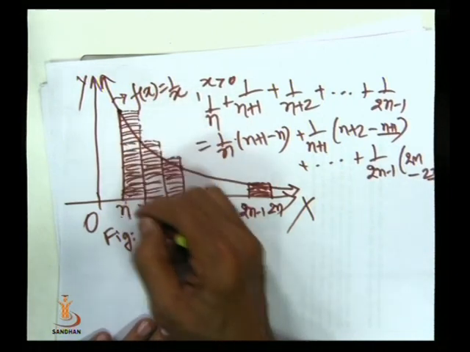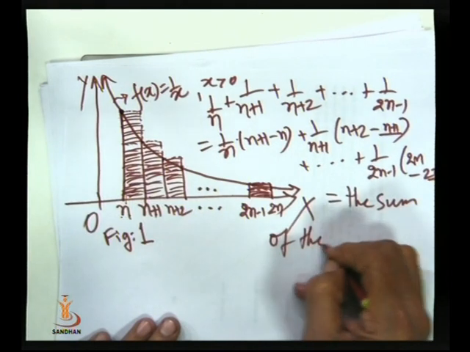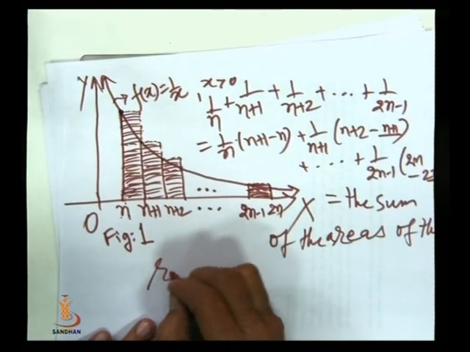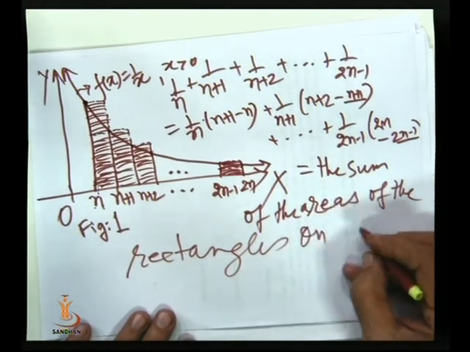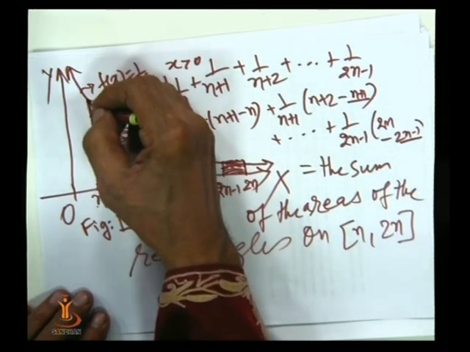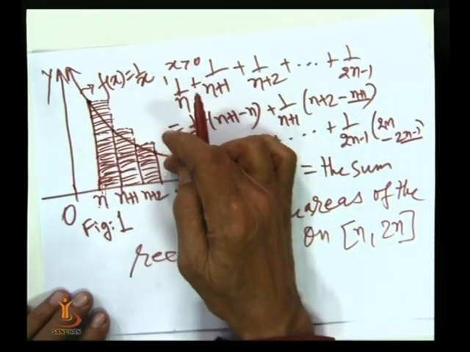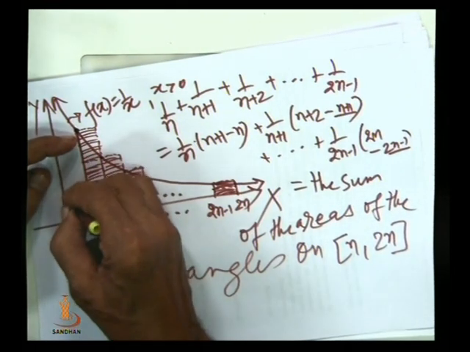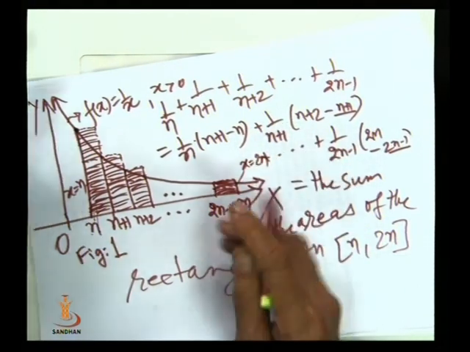So, these are the sum of the areas, no? The sum of the areas of the rectangles on the interval n to 2n. Now, this area is definitely greater than the area bounded by this curve, the vertical line segments x equal to n and x equal to 2n, and the x axis.